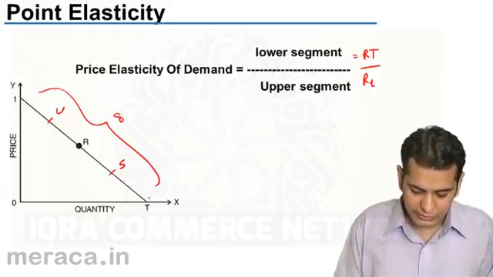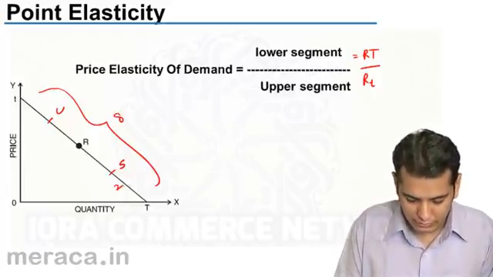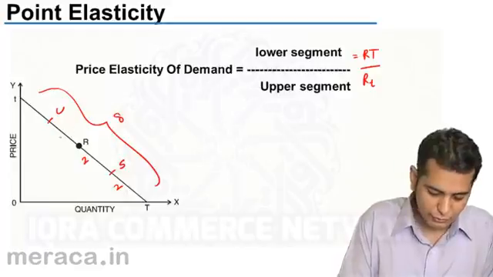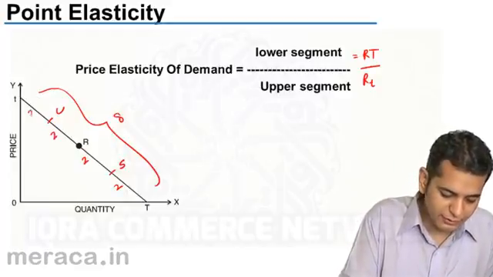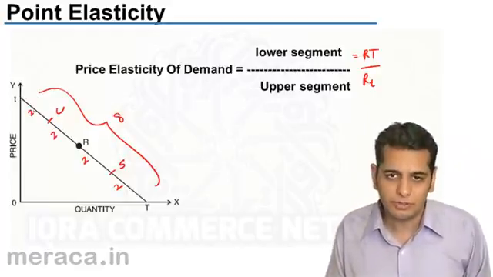So each segment, that is ST, RS, UR and PU, gets broken into 2 centimeters each.